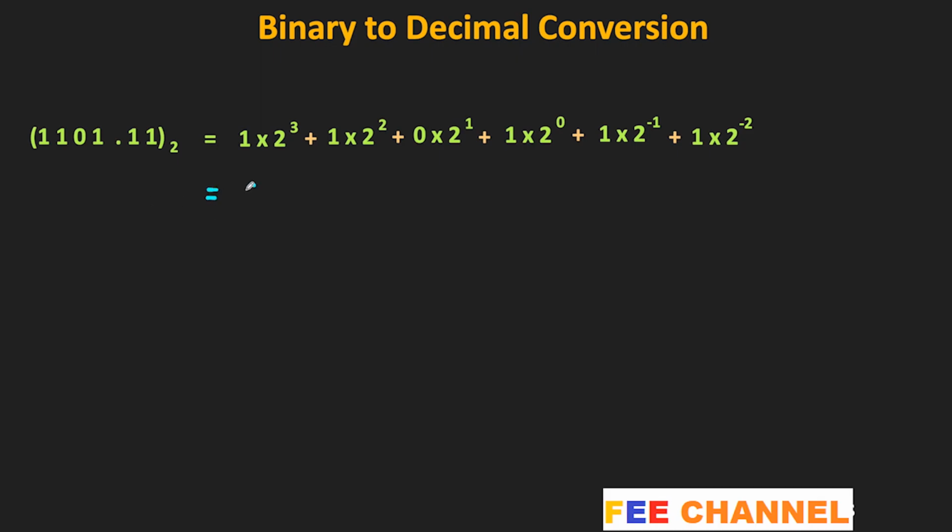And after the binary point, the weightage of each bit will reduce by a factor of 2. So, if you take the summation of all these products, then it is equal to 8 plus 4 plus 0 plus 1 plus 0.5 plus 0.25. That is equal to 13.75. So, in this way, we can convert any binary number into the decimal equivalent.